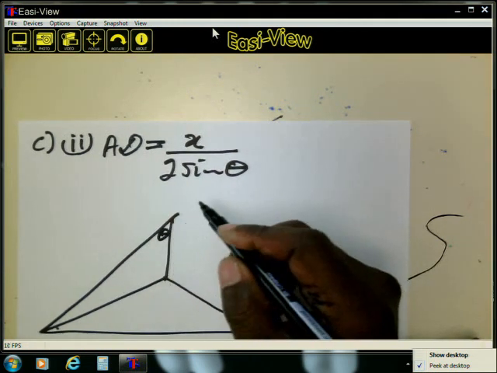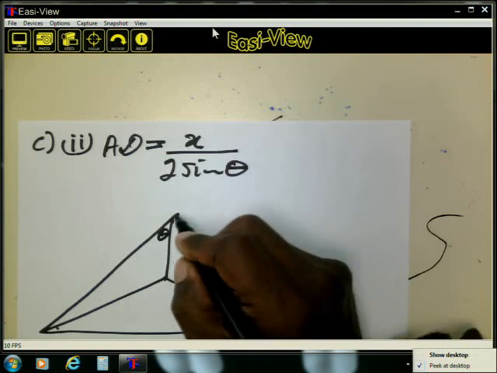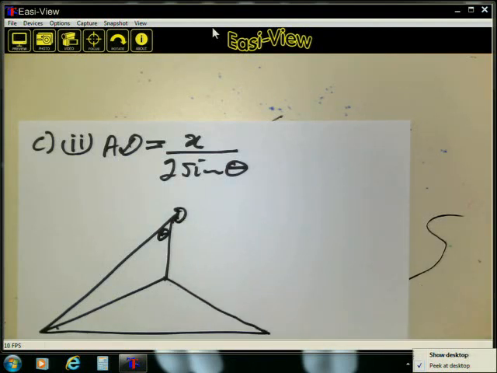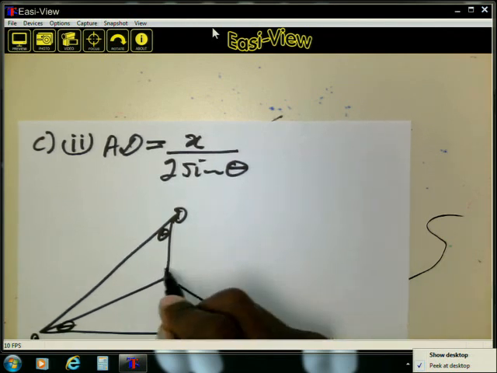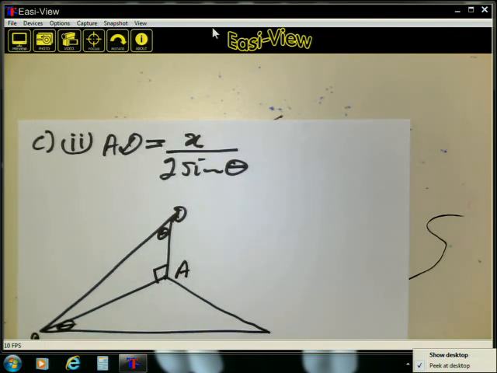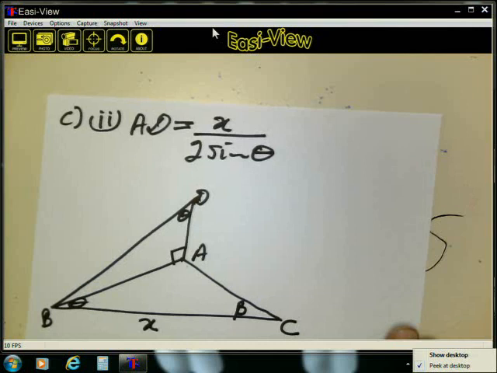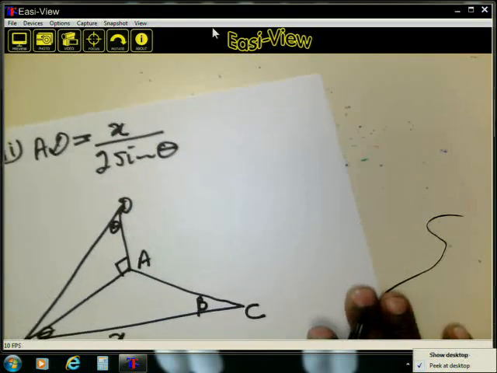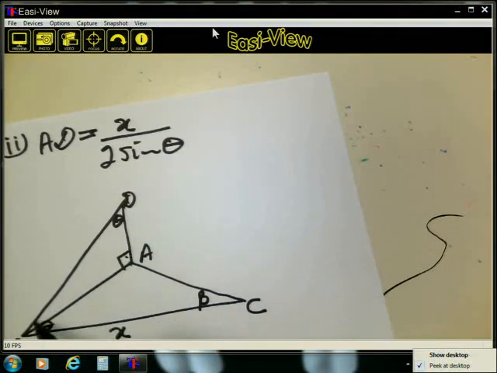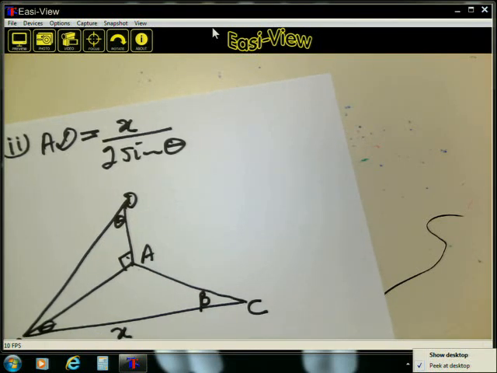Theta, D, B, theta, A, x, beta and C. In triangle ABD, this triangle here, we are in triangle ABD.